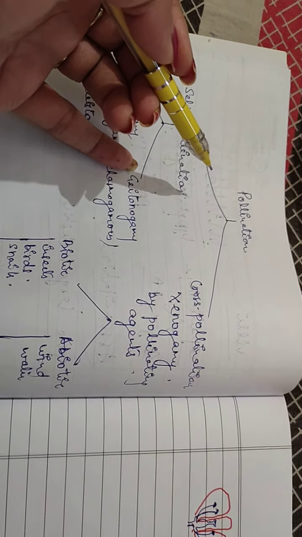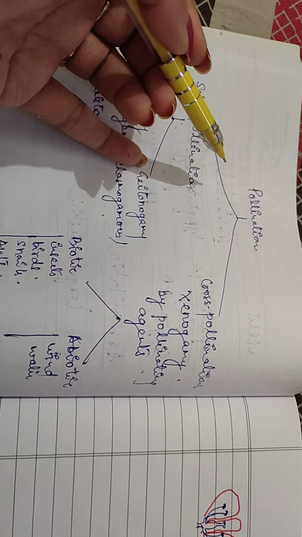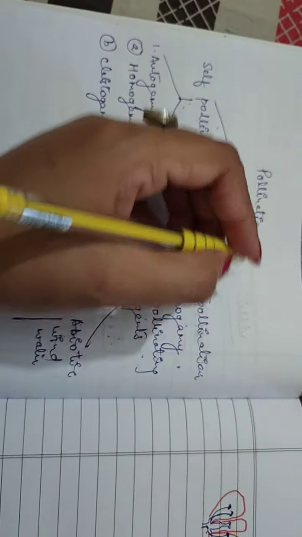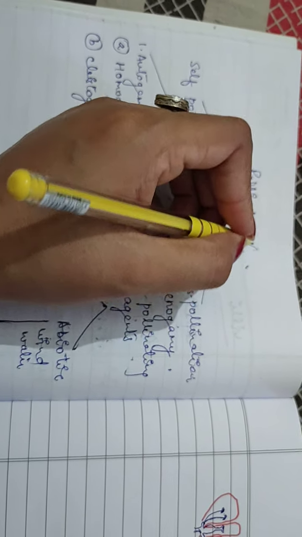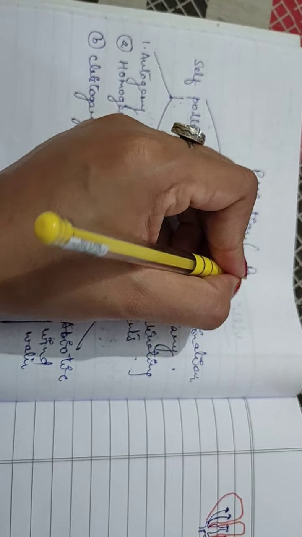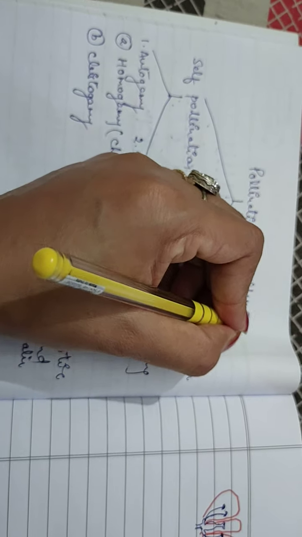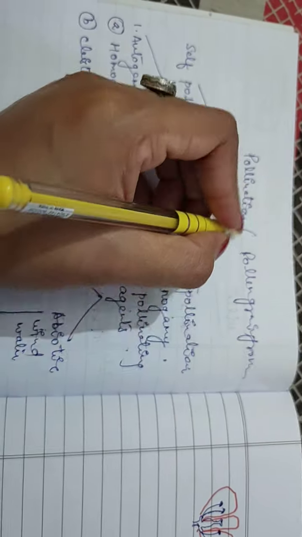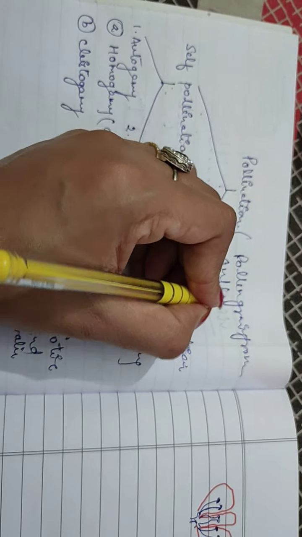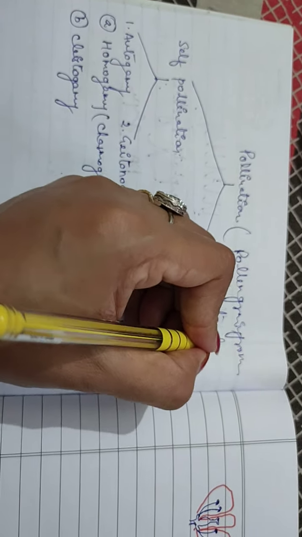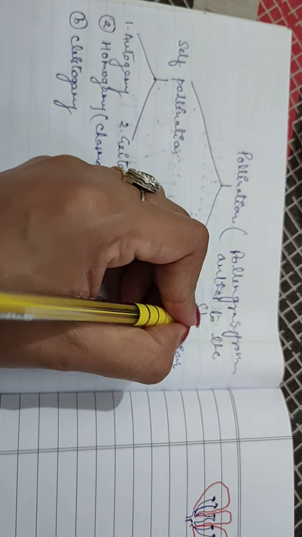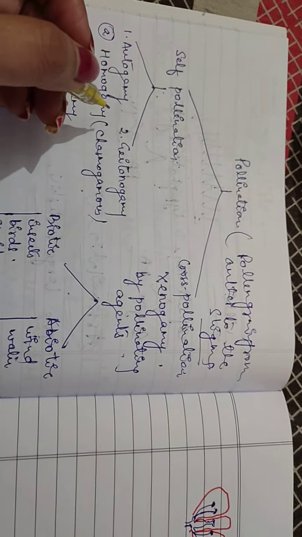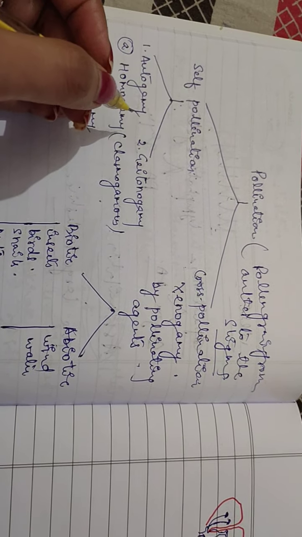So first, what is the meaning of pollination? I think you all know that it is the transfer of pollen grain. What should be transferred? Pollen grain, from the anther to the stigma of the same or genetically similar flower.